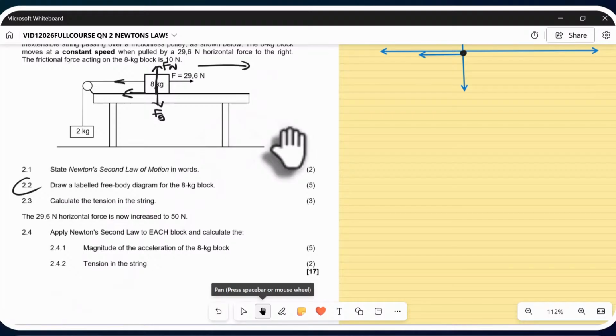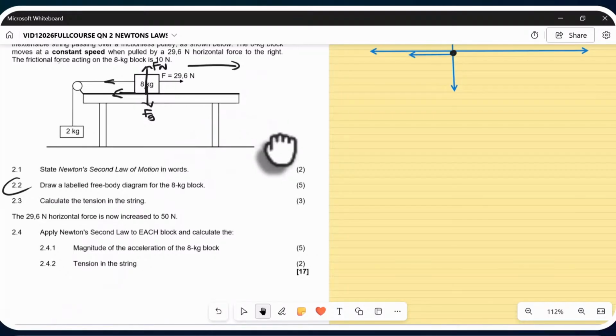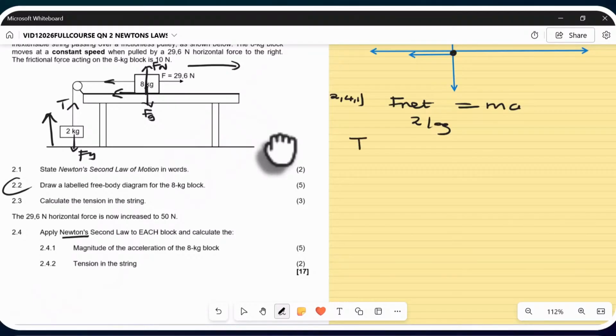Now they said we must apply Newton's second law, so we must use F net equals Ma. Question 2.4.1. For the 2 kg block, F net equals Ma, so T minus Fg equals Ma. Now we can substitute.